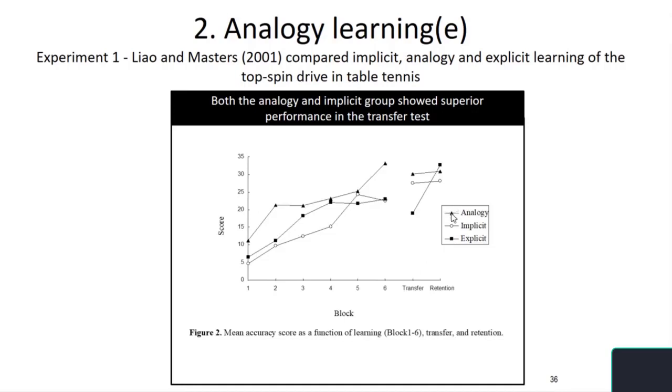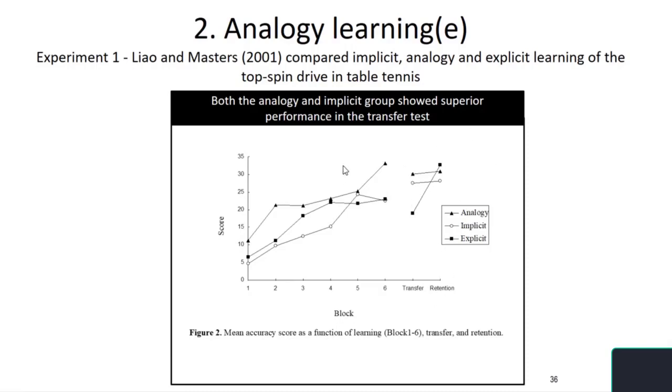The analogy group is presented with triangles, the explicit learning group with squares, and the implicit learning group in circles. And what we see is the analogy group has slightly better performance already early on, and by the 6th block of trials is already performing better than the other 2 groups.